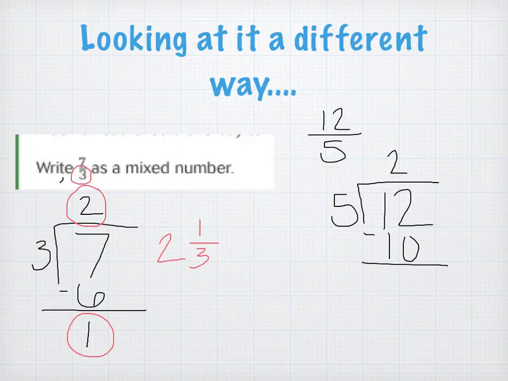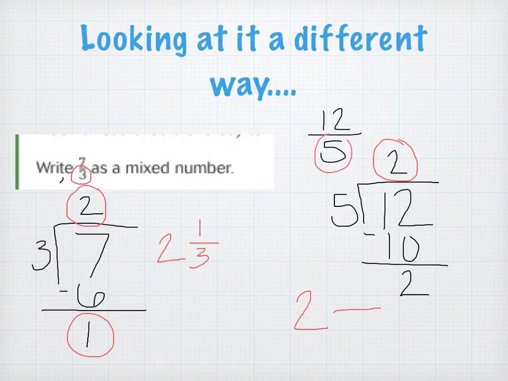And if I subtract those, I get a remainder of 2. 2 is going to be my whole number, because 5 goes into 12 2 whole times. And I'm going to keep my denominator of 5. Looking for the remainder, I know that 2 is going to be the leftover pieces that make up my fraction. So 12/5 is equivalent to 2 2/5.